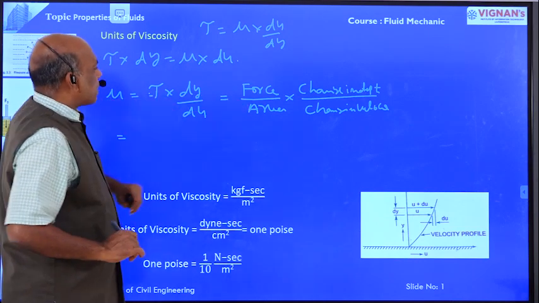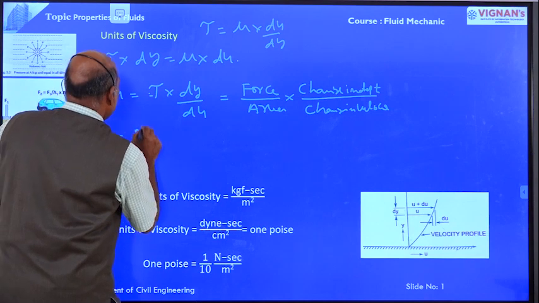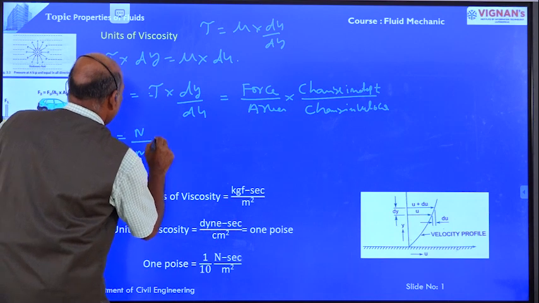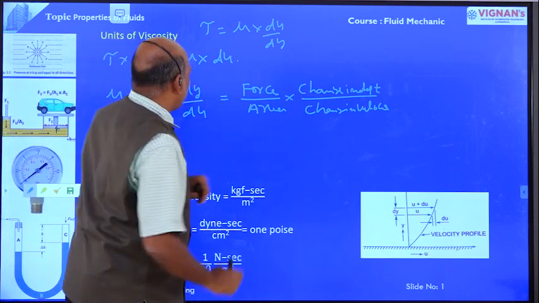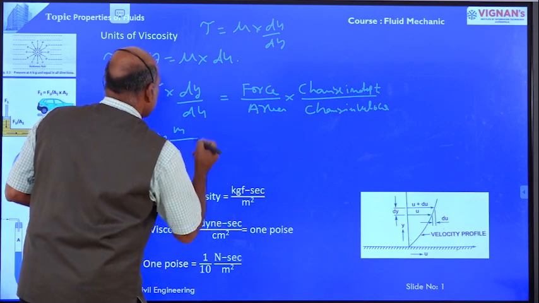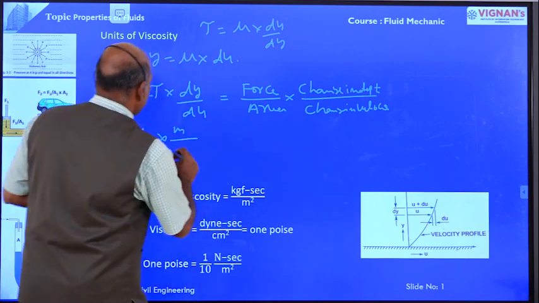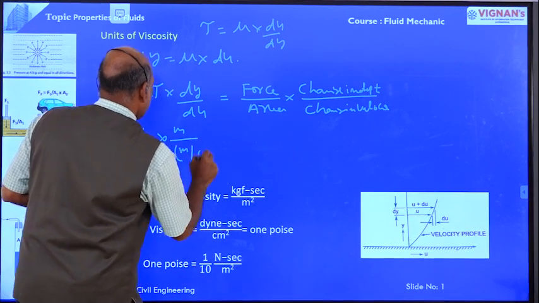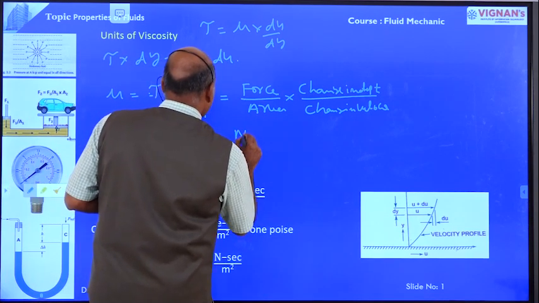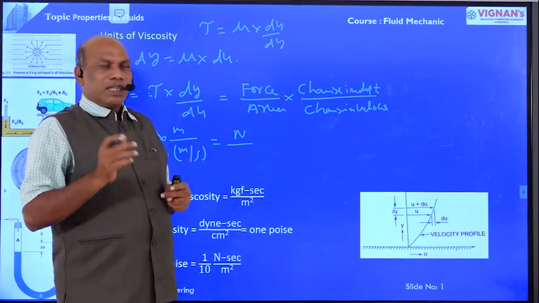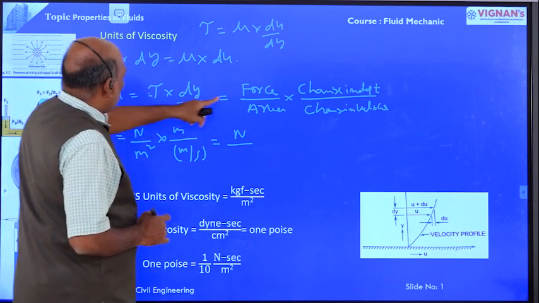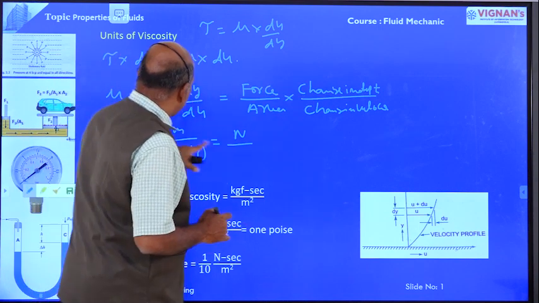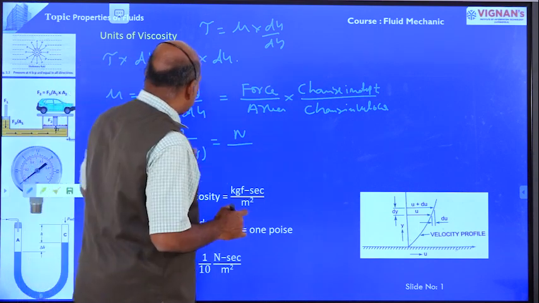Force is represented by Newton, divided by area, that is meter square, into change in depth, that is also measured in meters, divided by change in velocity, that is meter per second.